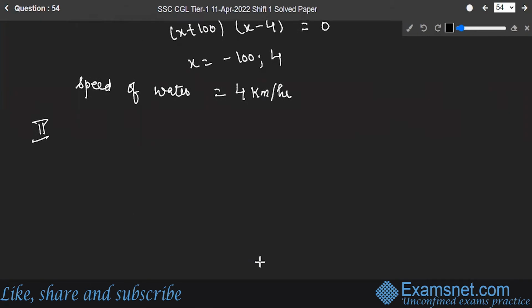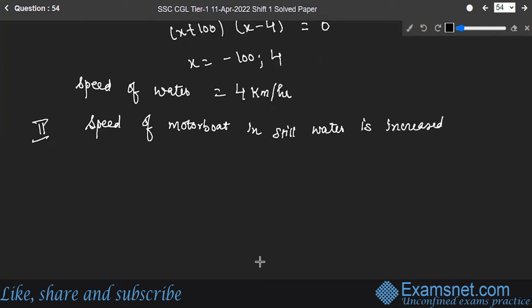So the speed of the motor boat in still water is increased by 2 kilometers per hour, then the new speed will be 20 plus 2, that is equal to 22 kilometers per hour.